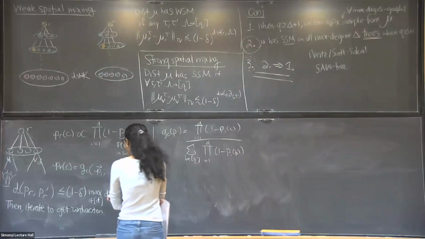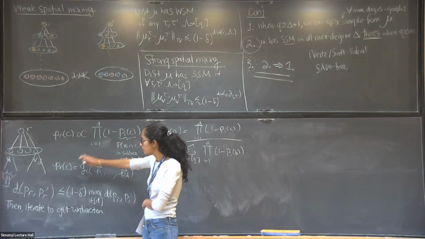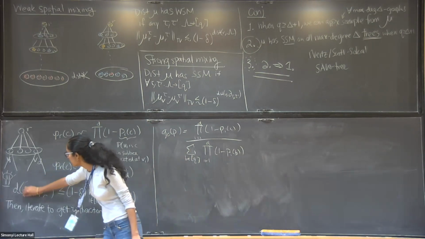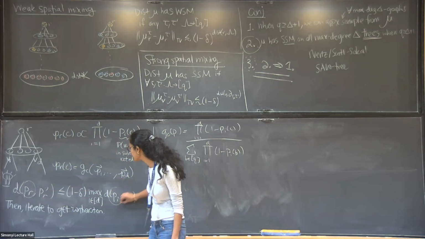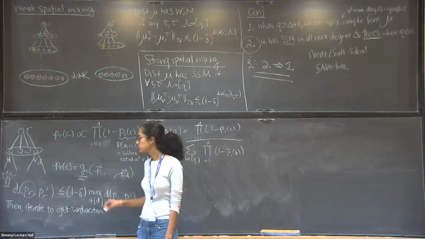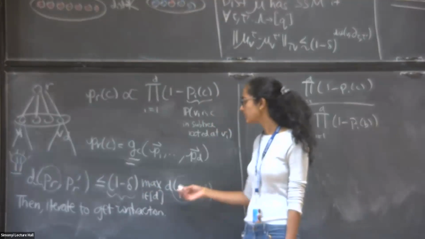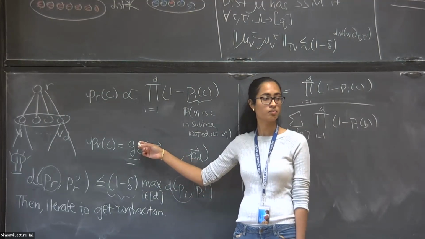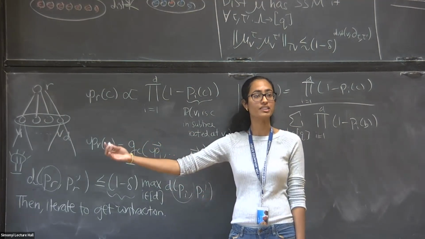Okay. So how might you use this tree recursion to prove something like this? Well, we know that these terms on the left-hand side are functions of terms on the right-hand side. In fact, they're given by this function G_C. So how big this quantity is essentially says: if I change the arguments to this function, how much can I change the output?